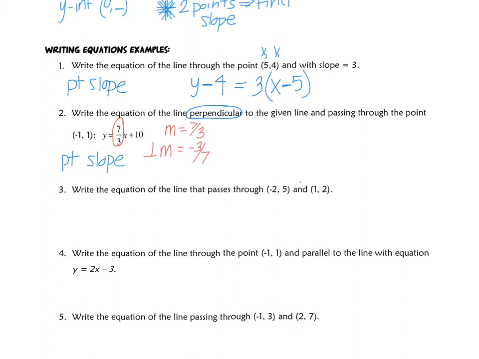Use that slope with your point and plug into point slope. It would look like this: y minus 1 equals -3/7, that's my slope, x minus a -1. Notice that I'm subtracting a -1. What happens when you subtract a -1? It really turns into a +1. Make a note of that.